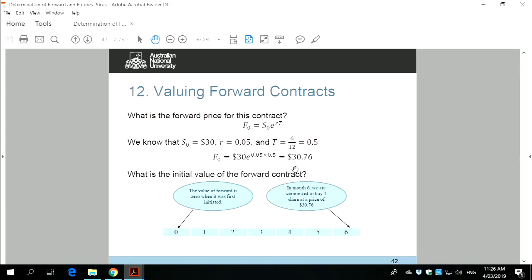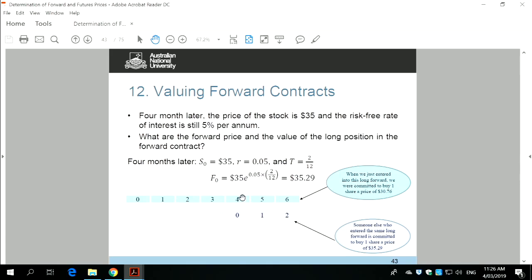You commit yourself to sell that share for $30.76. 4 months later, fast forward to July, if somebody else enters into a short forward in July, they can sell at a much higher price. They can sell at $35.29. So, right, you're disadvantaged because you commit yourself to sell that share 4 months earlier at a lower price.